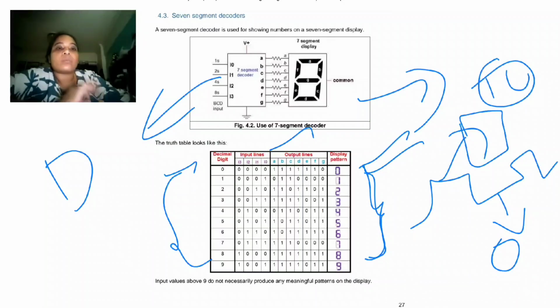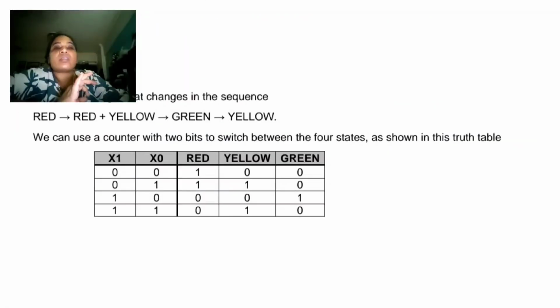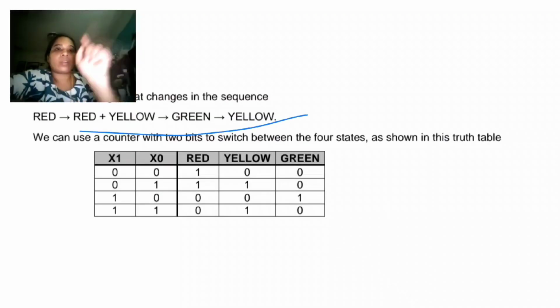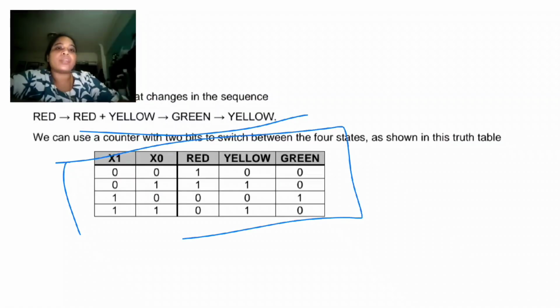This methodology we are applying in traffic signals. Traffic signals first put red, next yellow, third stage is green, right? Red, yellow, green. See here I am setting up the circuit table.